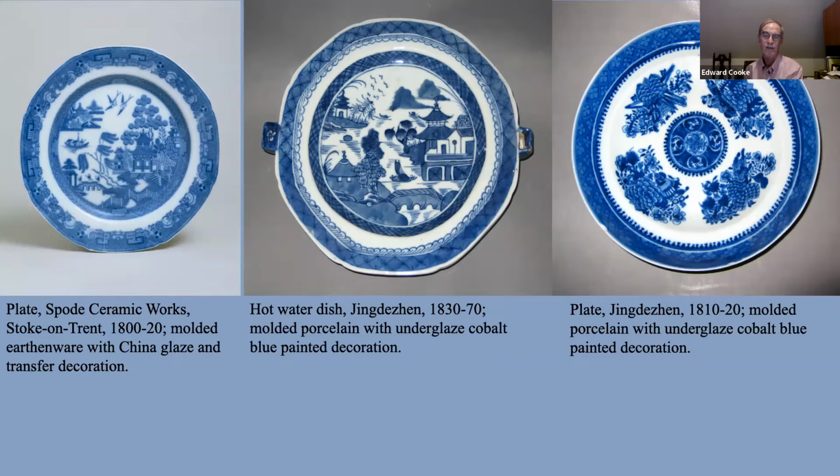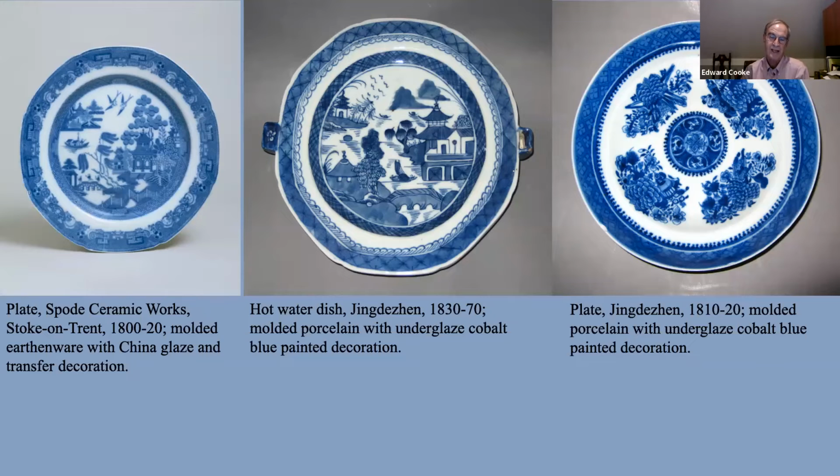Hard to know. Or even thinking about a plate on the right, also from Qingdechen, that in the so-called Fitzhugh pattern, where you've got these 4 clusters around a central medallion. That's very much a transfer decorated way of conceiving the composition of the decoration of a plate.